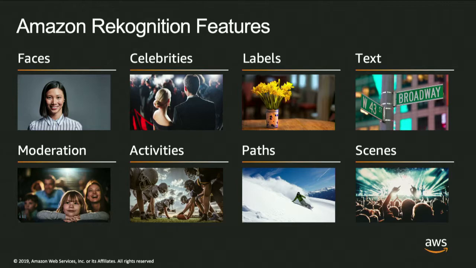If there is something missing, we can work with that too. It can detect labels in the images. It can extract text and metadata from your pictures and videos. It can do content moderation for you, in the sense that it will give you a moderation score, and in your application you can decide to show or not to show that image. It can do pathing. It can do basic scene detection, etc.